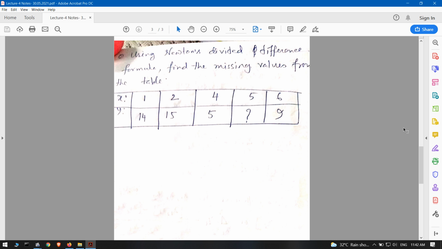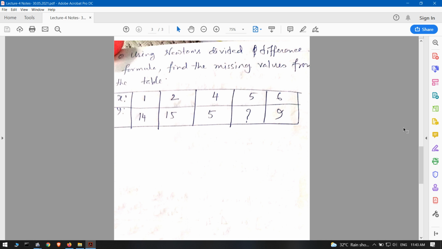Now let us try to calculate the second divided difference. What will be that second divided difference? Minus 5 minus 1 divided by x2 minus x0, that is 4 minus 1, so it will be equal to minus 2.